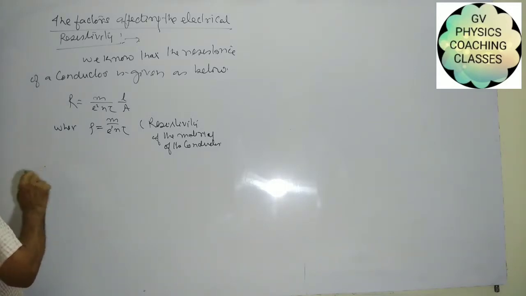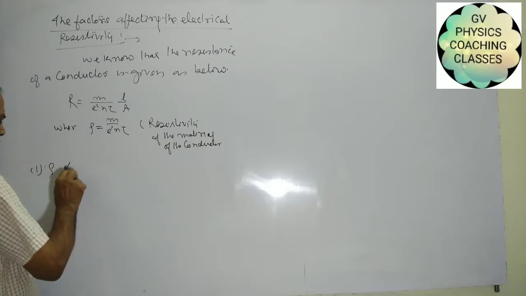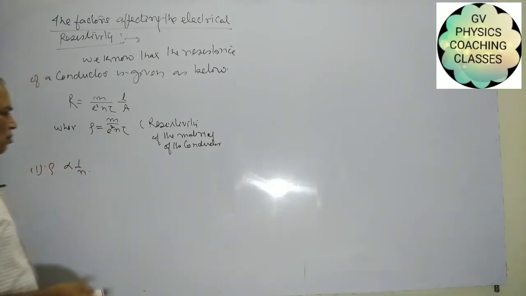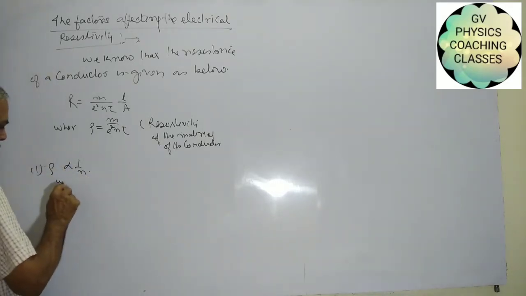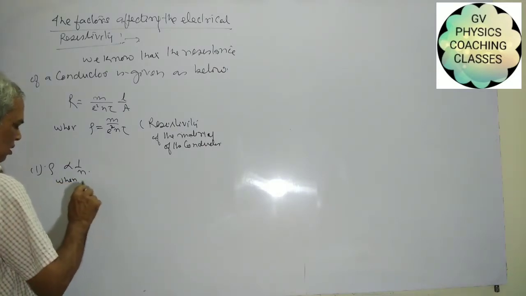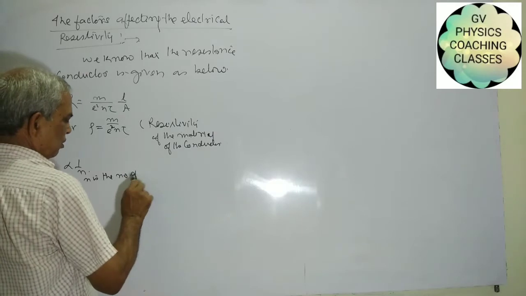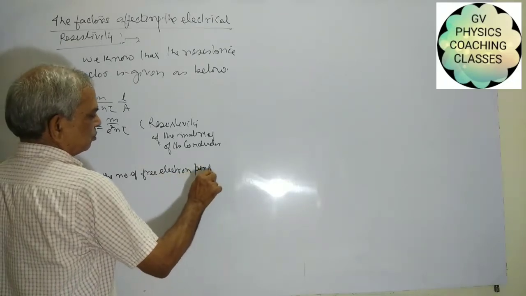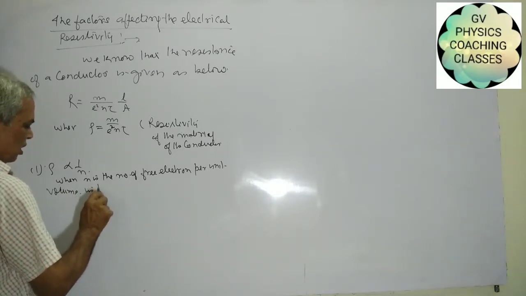So rho is inversely proportional to n, where n is the number of free electrons per unit volume in the conductor.